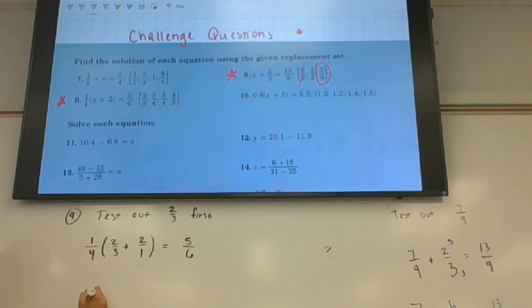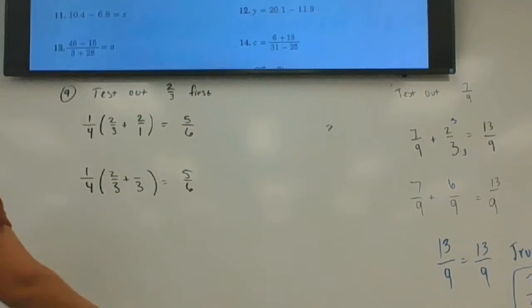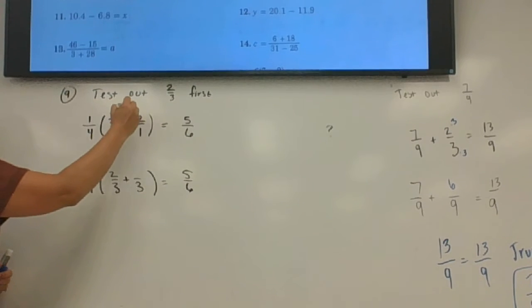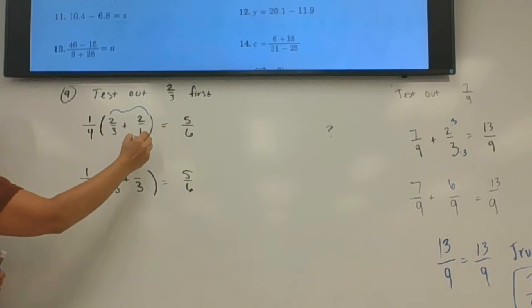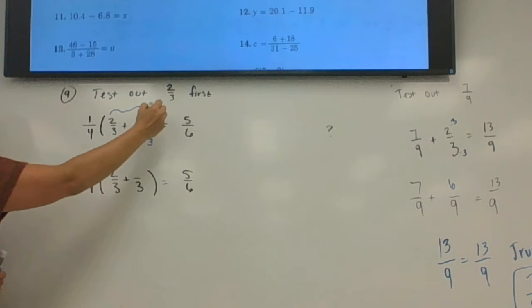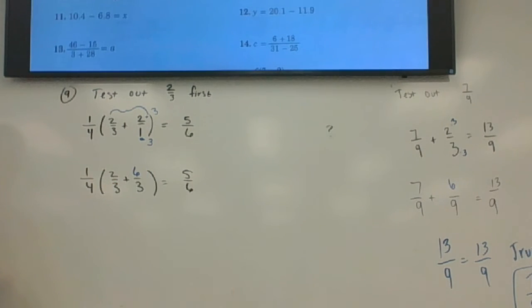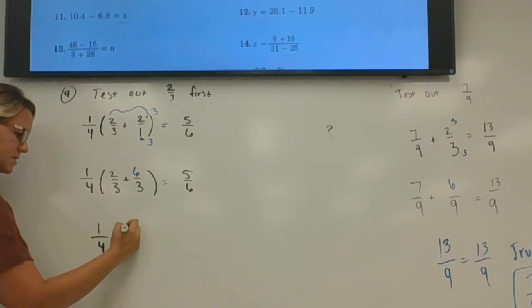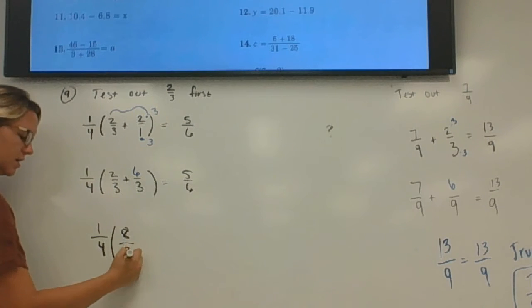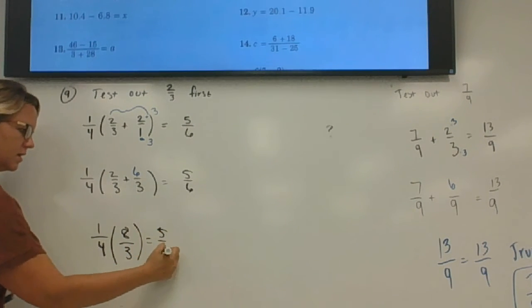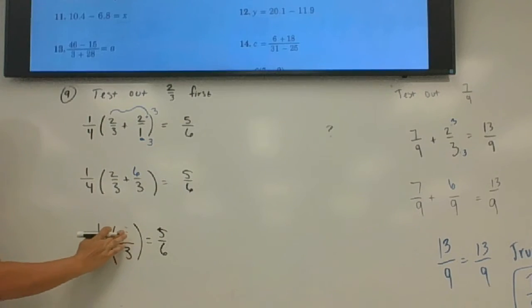Okay, so now I'm going to go 1/4 plus 2/3, and I'm going to make a common denominator in the parentheses. So I want to be able to add this, so I'm going to turn 1 into 3 by multiplying it by 3, and turn 2 into 3. Now I have a 6 inside. So now I have 1/4, 2 plus 6 is 8. You just add across the top, so that's 8/3 now inside.